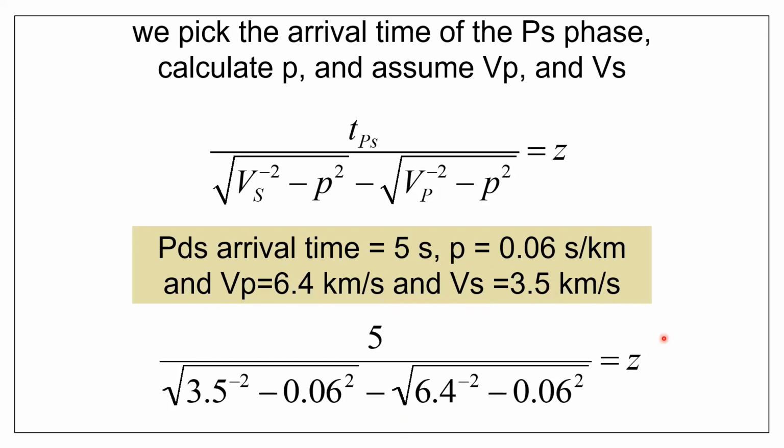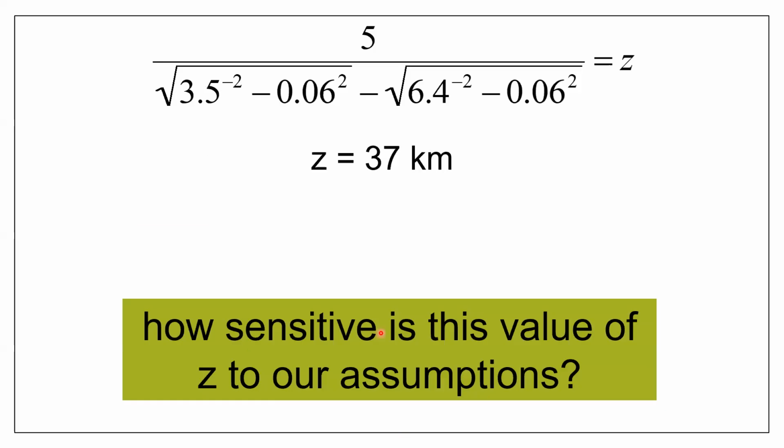Then you can incorporate these into this formula, and this 5 is known from the gather of the receiver functions. So you will get the value of the depth from which the conversions are happening. So Z is equal to 37 kilometers.